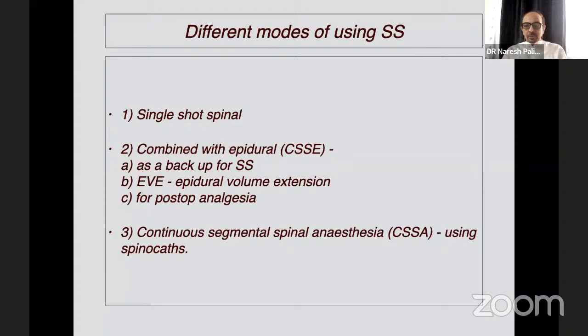It can spread the low doses of drugs used intrathecally to wider segments. And it can also be useful for post-op analgesia. The third option is you can always use continuous segmental spinal anesthesia for some major surgeries, or whenever you get an accidental dural puncture during epidurals, by using spinocath or intralong catheters.